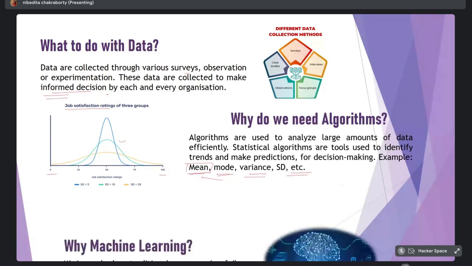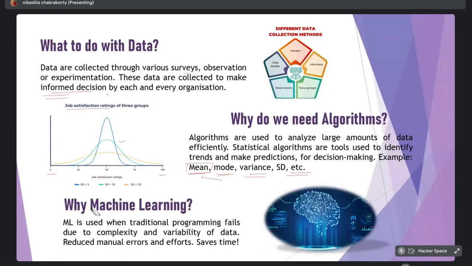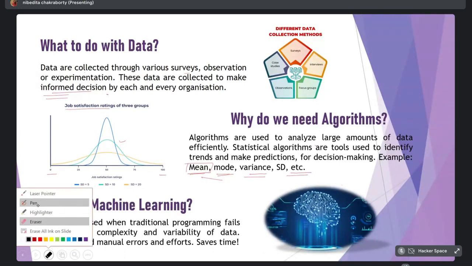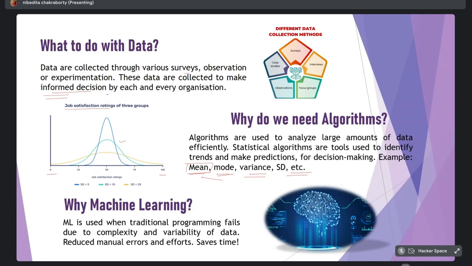Okay, so next, we already have these statistical algorithms. We know programming. Why do we need machine learning? We can simply program these algorithms now. Why do we need machine learning? To automate things.